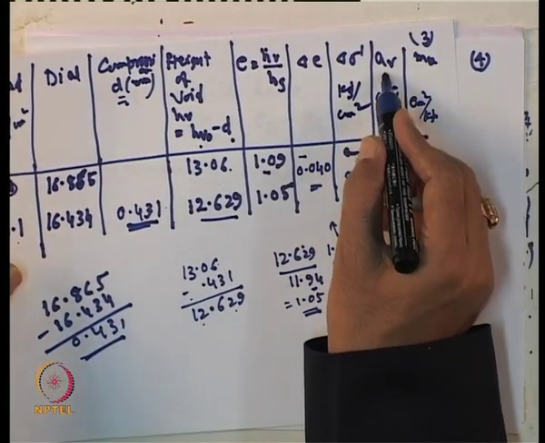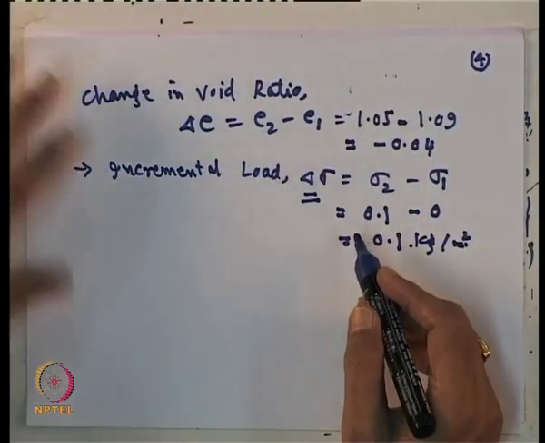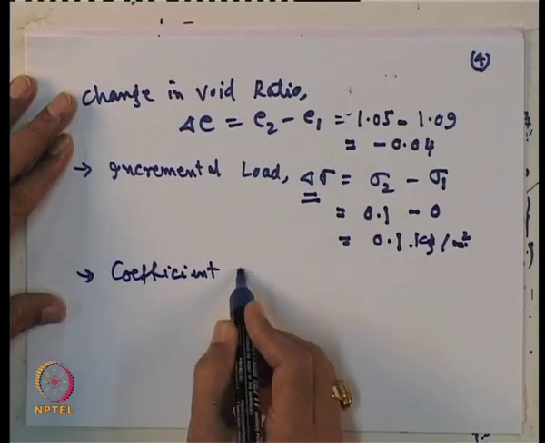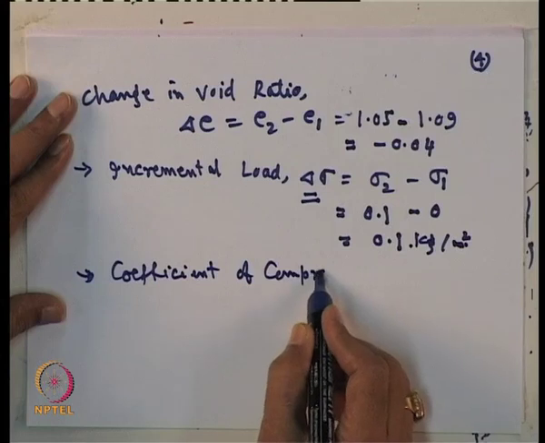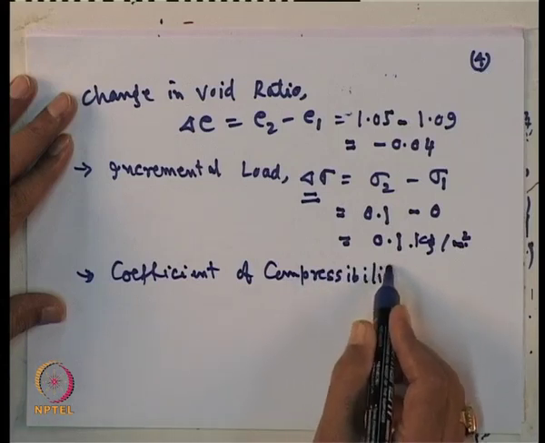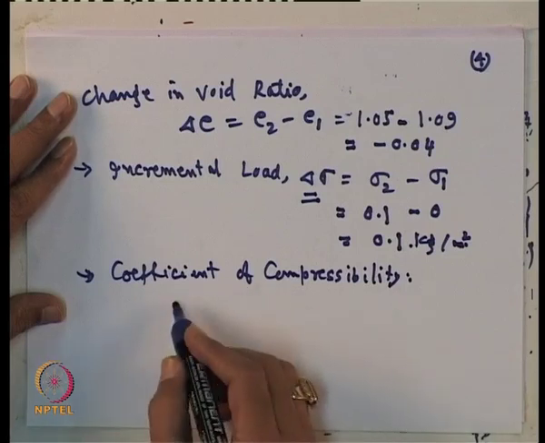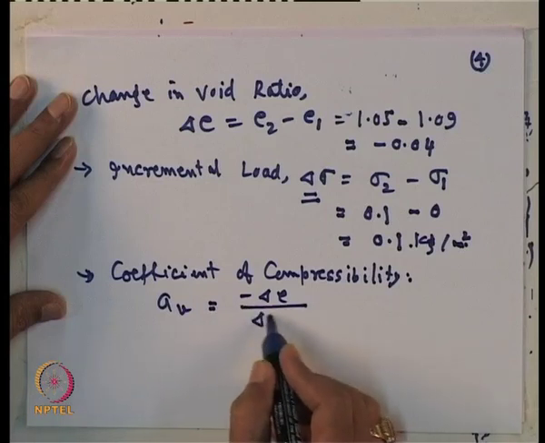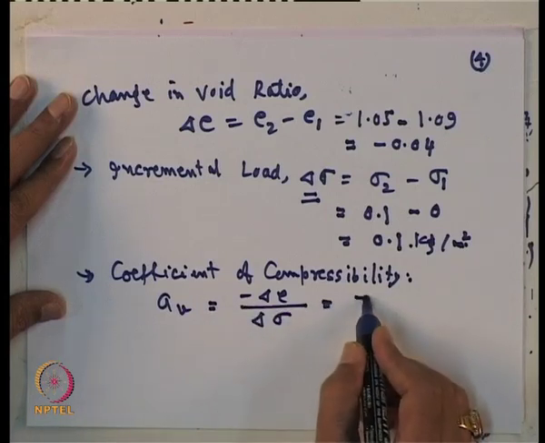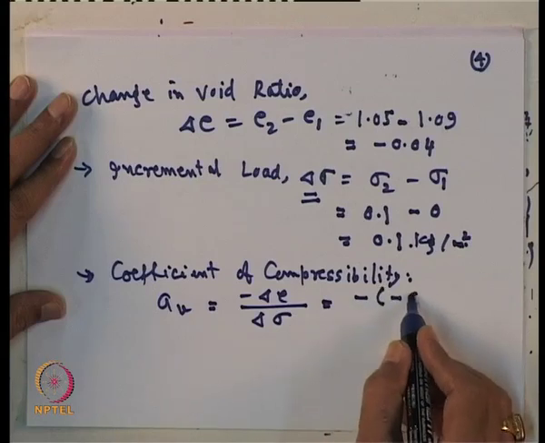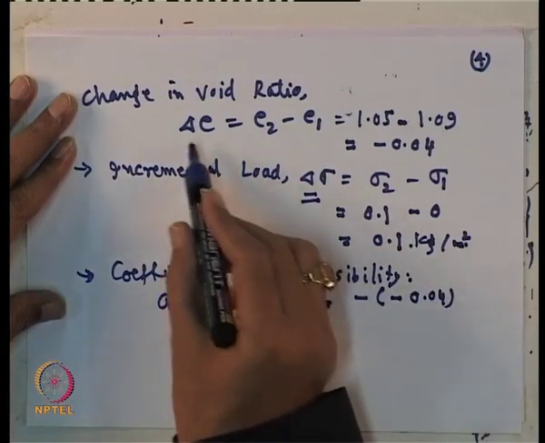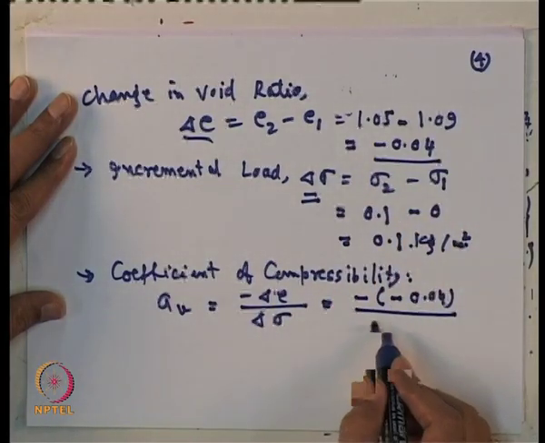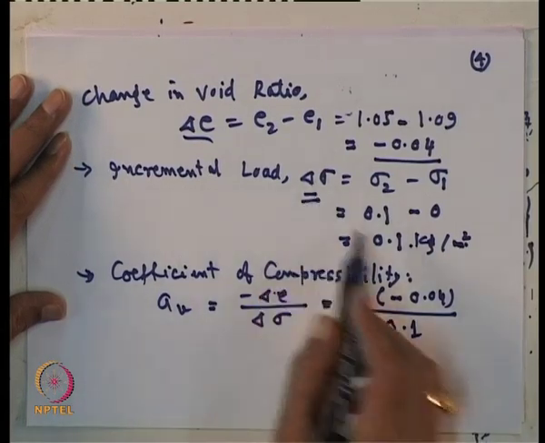Now, we have to calculate av, that means the coefficient of compressibility. The coefficient of compressibility can be expressed as av is equal to minus delta e by delta sigma. That means minus, delta e is equal to minus 0.04, divided by delta sigma, which is equal to 0.1.